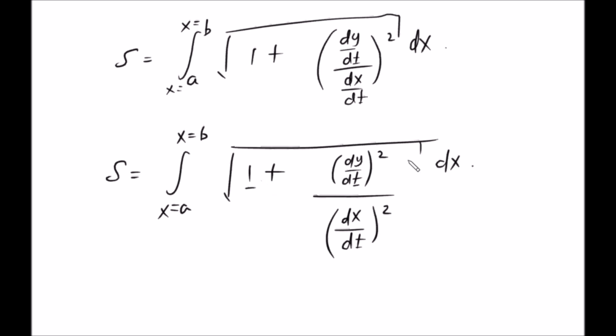So nikichukua 1 jumlisha huyu, nitatafuta LCM ambayo itakuwa ni dx dt squared. Tizidisha na 1 hapa itakuwa dx dt squared, hapa itabaki hivyo.